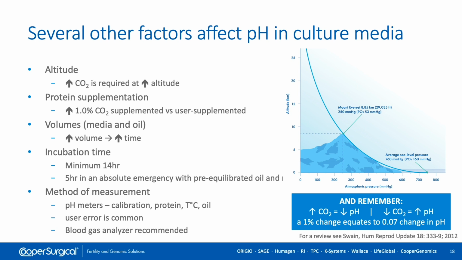And of course, we also see that when we go and check on pH, some of these issues are not dealt with in a perfect manner, and therefore the measurement of pH is often not accurate.